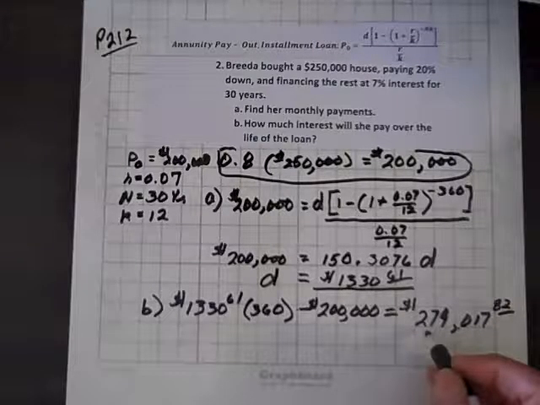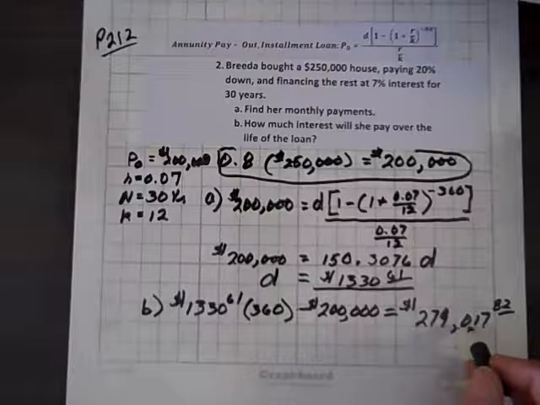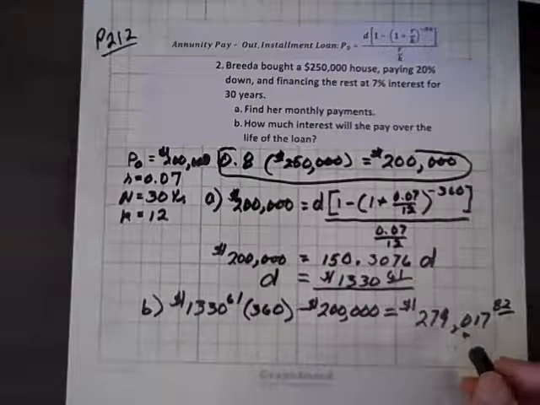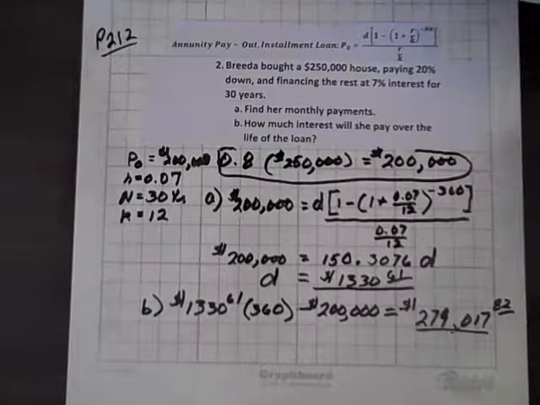So she paid far more than the $200,000 she paid for the house. And so that takes care of B. And we're done.